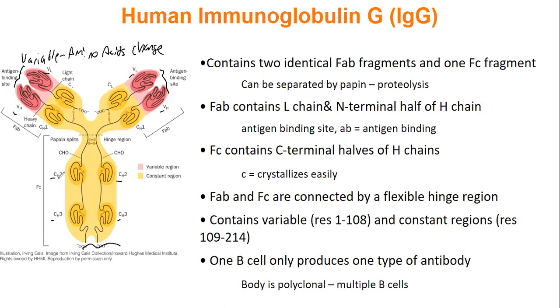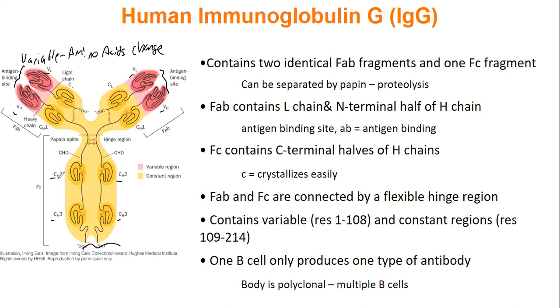That all has to do with the complex way that the DNA and mRNA are produced. There's a lot of mixing and matching that goes on, so that every time you make a new antibody, you are making a new variable region. You have different amino acids there to attempt to recognize different antigens.